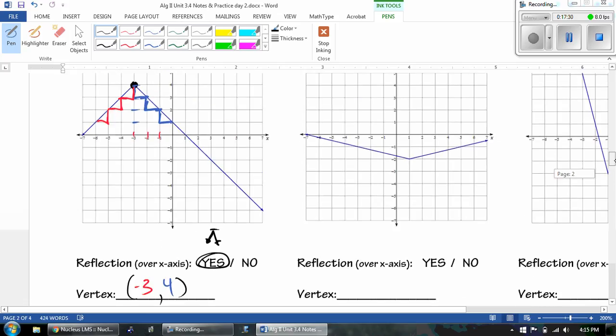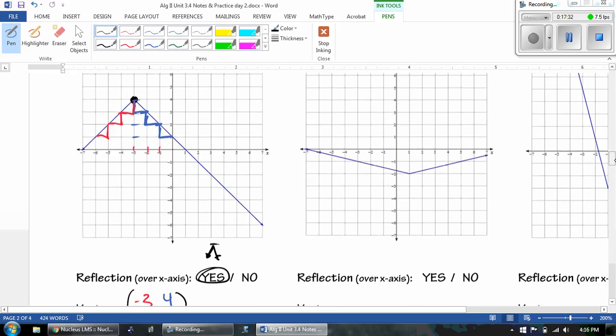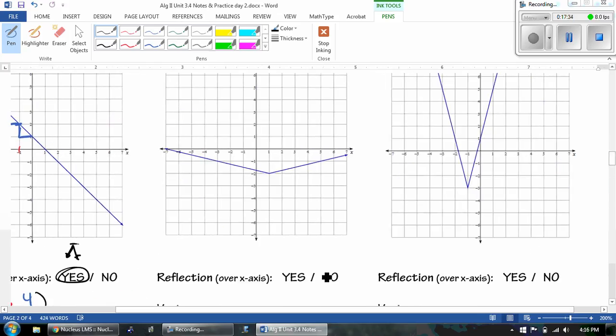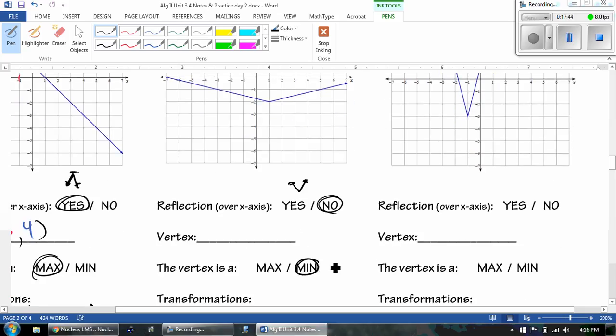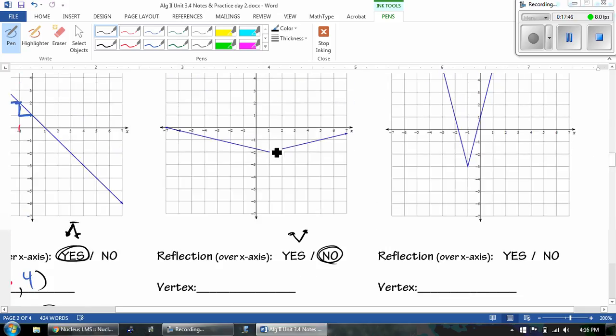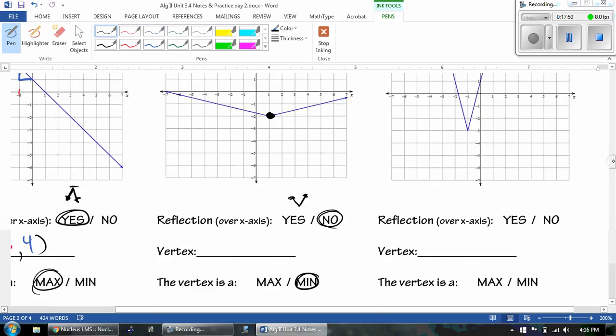All right, our next one. So, is there a reflection, yes or no? No, because our graph looks like that, and when it looks like that, that is the min. So here's my vertex, and what is the vertex?